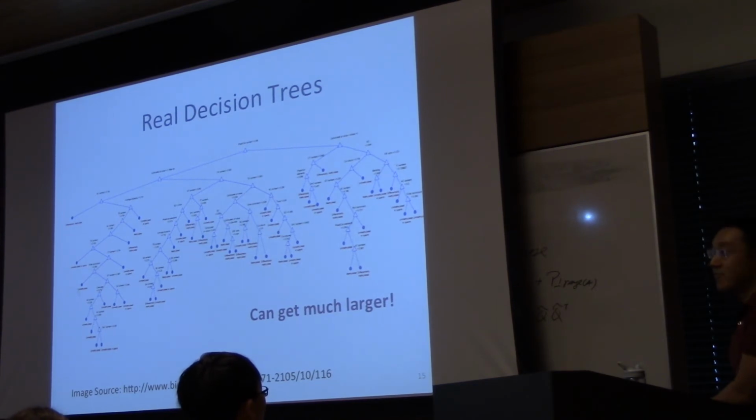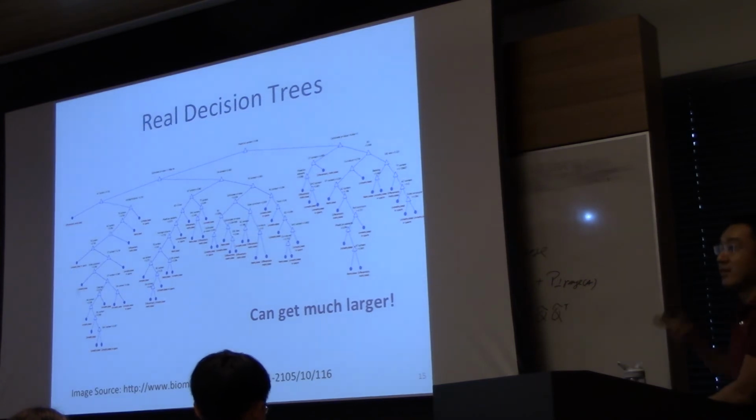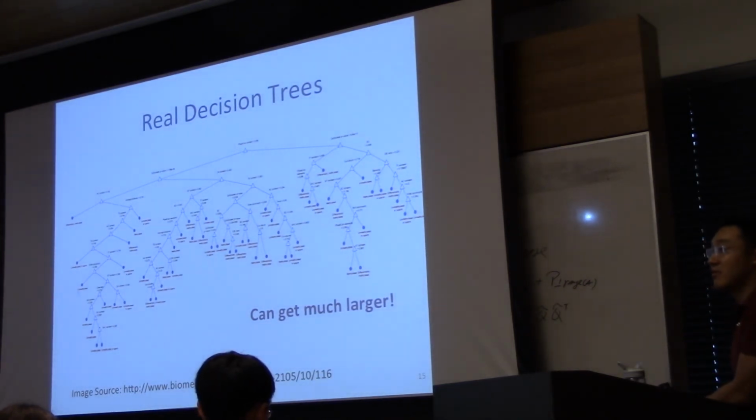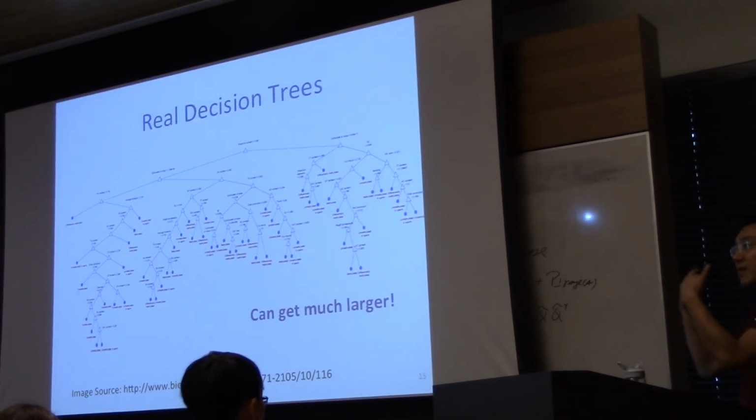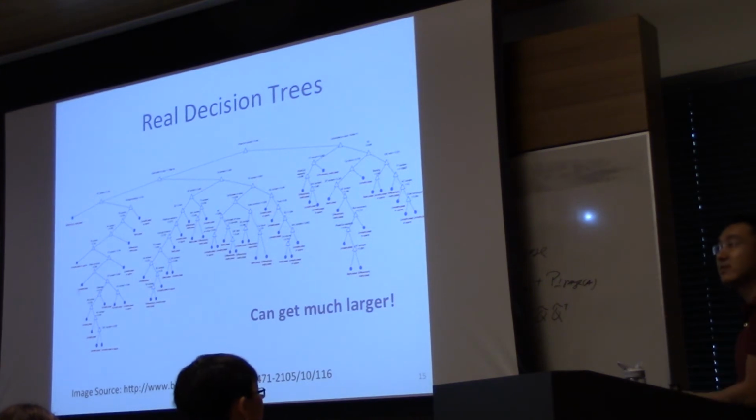They can be very much faster at runtime. At runtime, you're just tracing down a single path, most of the tree is not active. Whereas in a neural network, you have to compute all the activations of everything, if it's fully connected. So it can be much faster at runtime. You can get the same performance, sometimes slightly better, sometimes slightly worse, depending on the data set.